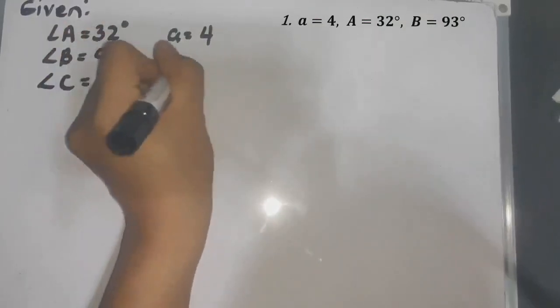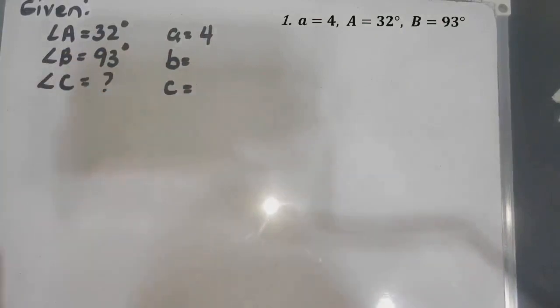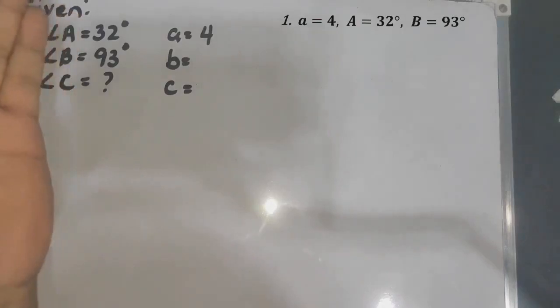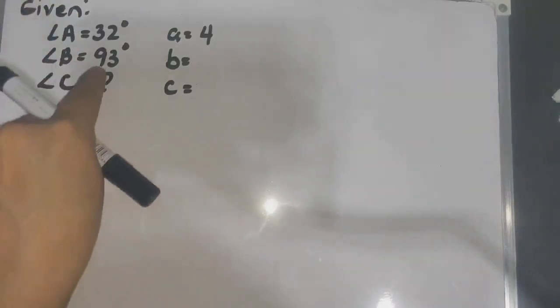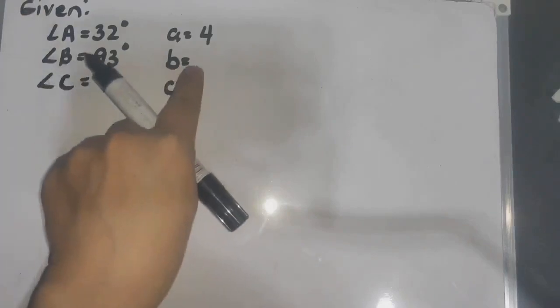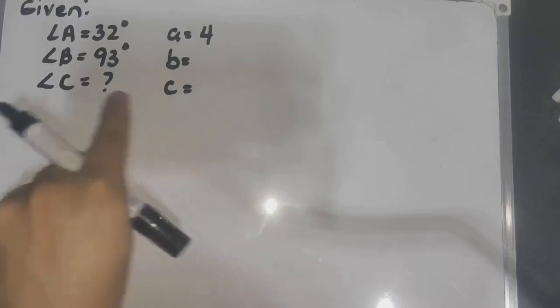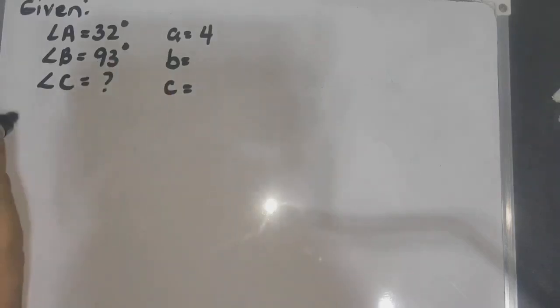Sa side B, wala tayong side B, and side C, wala din tayong value. So kita na natin dito kung ano yung kompleto, merong angle at merong side, which is angle A and side A. So yung una nating isosolve is side B kasi siya yung merong isang value, yung isa niya ay wala. So hindi natin pwedeng unahin si angle C at si side C kasi parehas silang walang value. So ang gagamitin natin is sine.